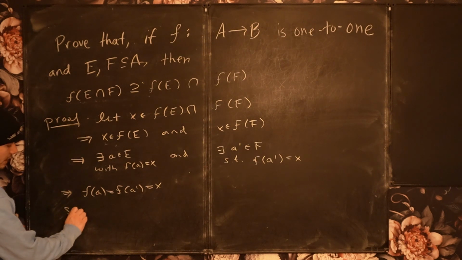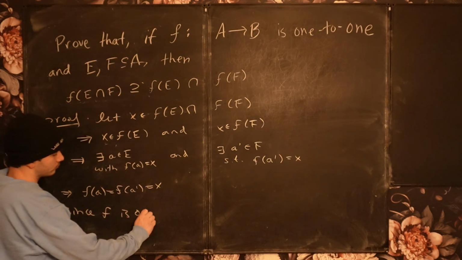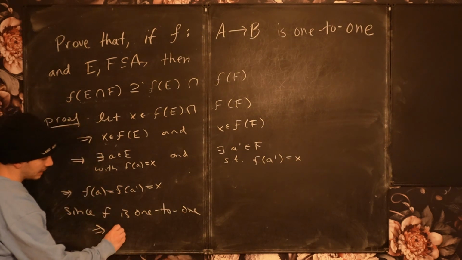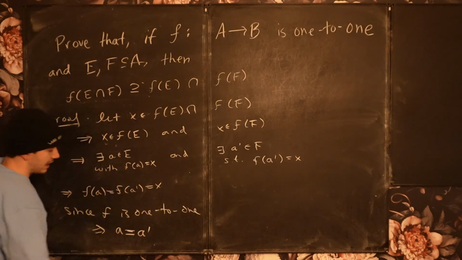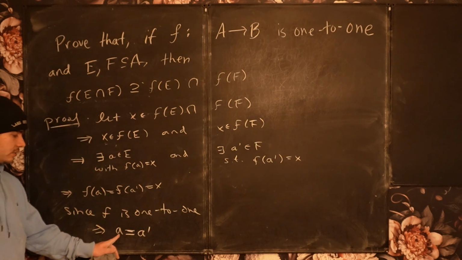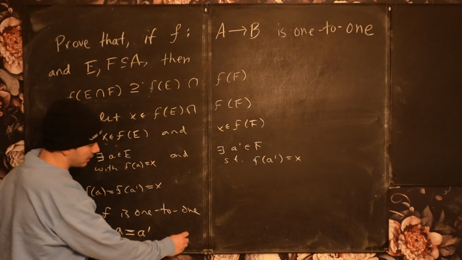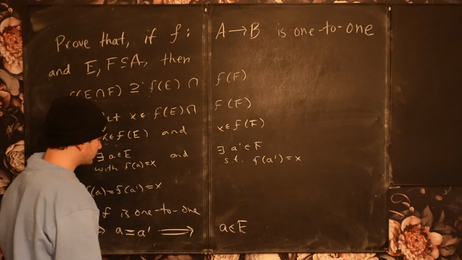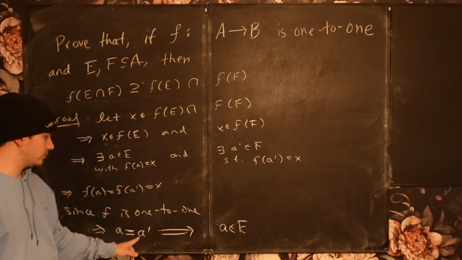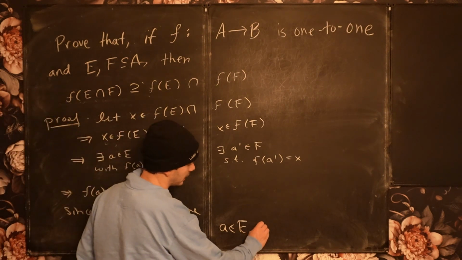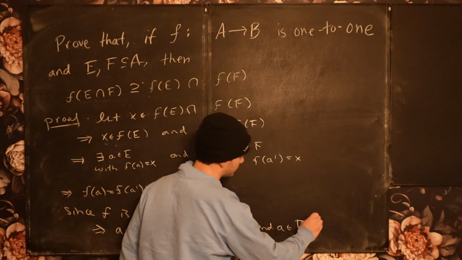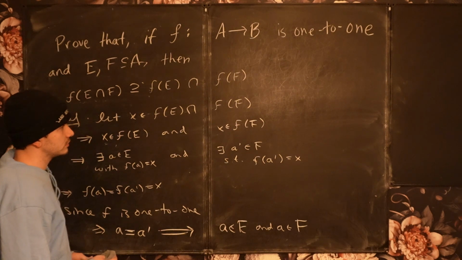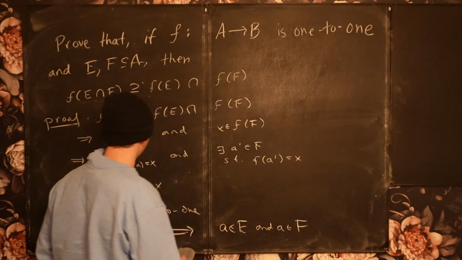Since f is 1-to-1, we conclude that a equals a prime. And a equals a prime then tells me that a is in E and a prime is in F. Well, a prime is equal to a, so a is in F. Let me grab some more space here.